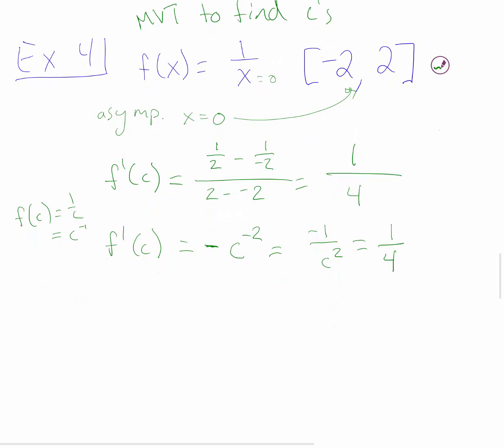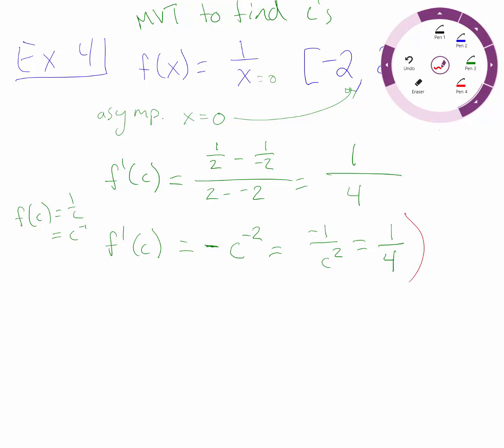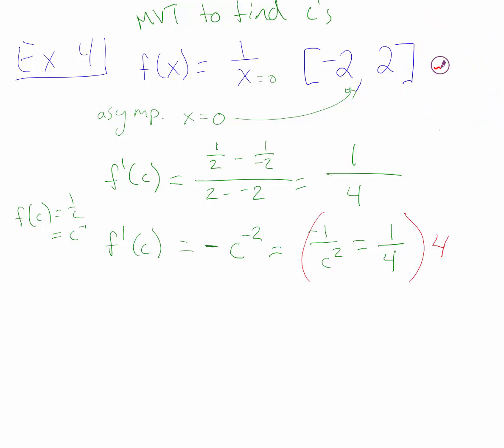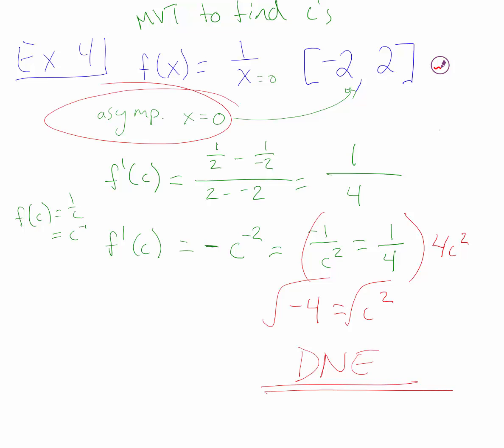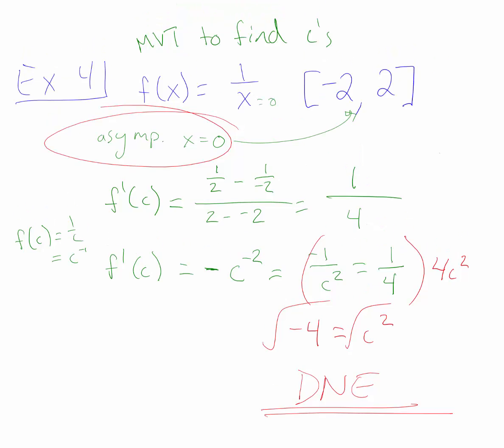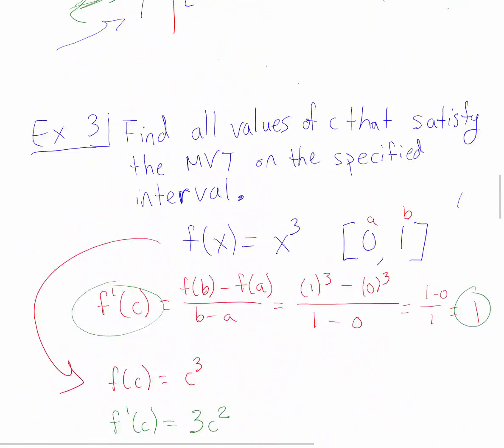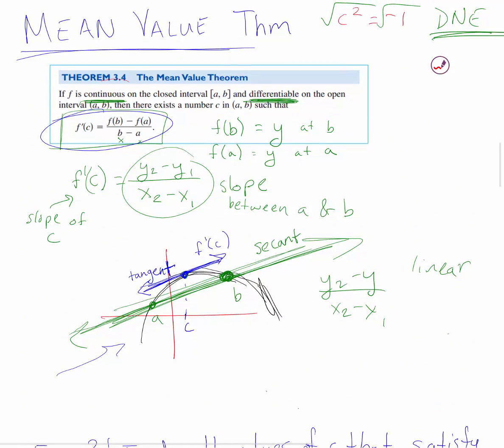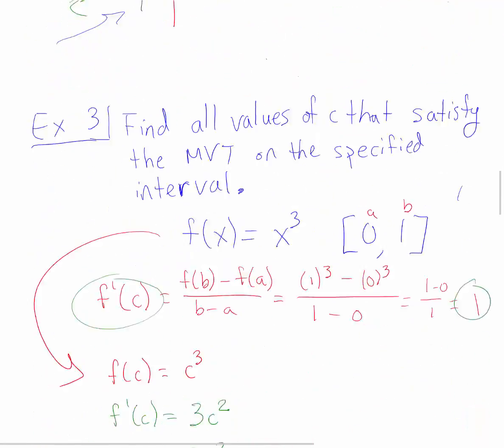Well, you could cross multiply, or multiply by the common denominator of 4C squared, and you would get on the left negative 4 equals on the right side C squared. If you take the square root of both sides, that does not exist, which we already knew if we had realized that there was an asymptote there, because it's not continuous. It didn't meet that requirement.